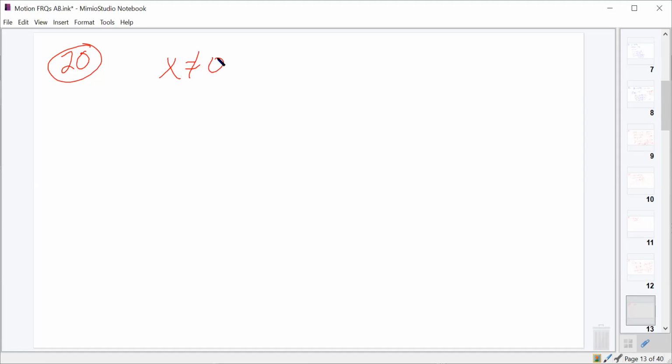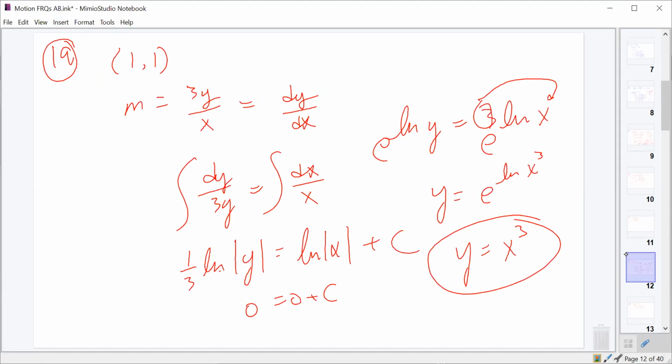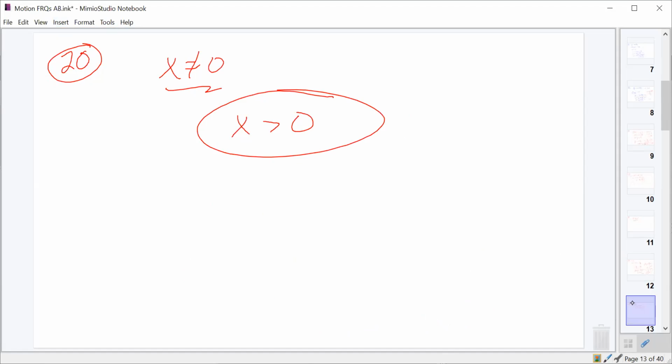And so then we would just go through and say, well, it's got to be positive values because we pick the continuous portion of our function that includes our initial condition, with a discontinuity at x equals 0. That means we've either got negative infinity to 0 or 0 to infinity. And since 1 is on 0 to infinity, we'll pick x greater than 0.